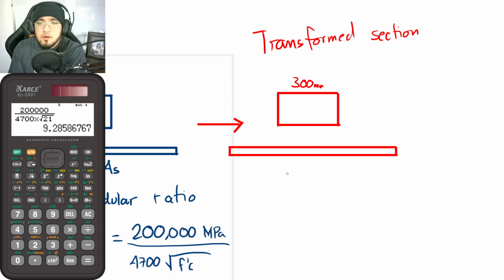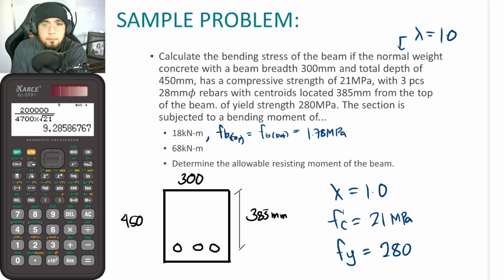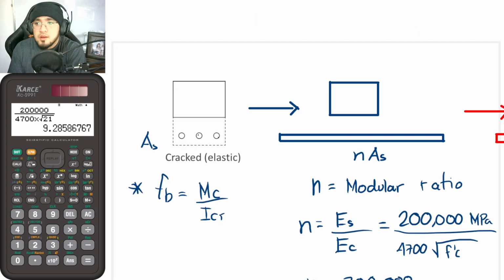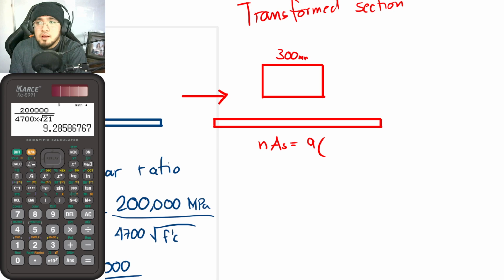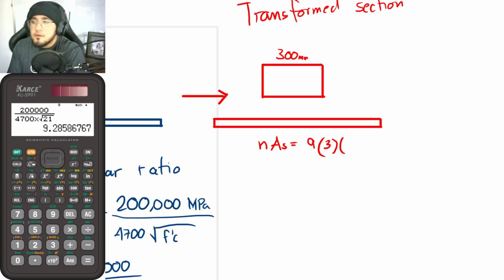And the value of this particular area, the equivalent area of steel, is now equal to 9 times the area of steel. According to the problem, we have 3 pieces of 28 mm diameter rebar. So we would just be solving for the area of 1 rebar and multiplying it by 3.